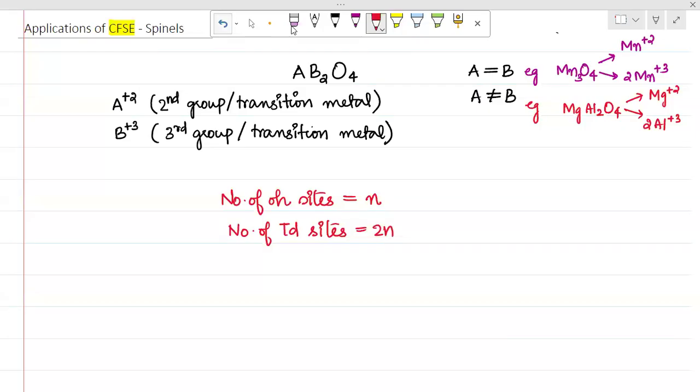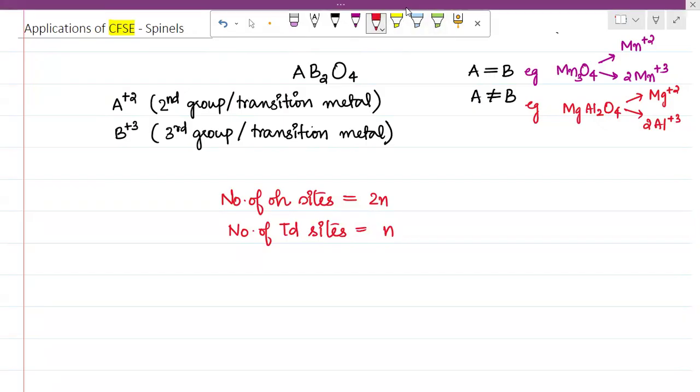Oh, sorry, it's the other way. If the tetrahedral number is n, the octahedral one would be 2n. So the number of octahedral sites is equal to 2 times the number of tetrahedral sites. We'll get to know that.